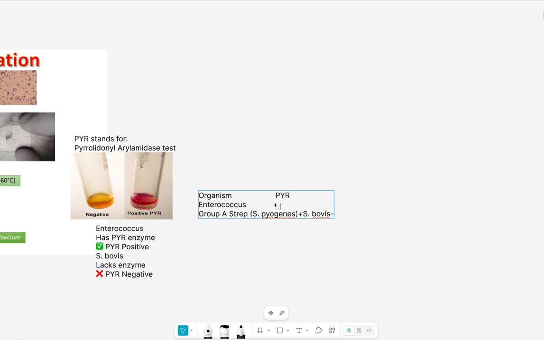And the group A strep, the S. pyogenes, was also PYR positive. Let me just fix this table so you will be able to understand. And the S. bovis is PYR negative, right? Can you appreciate that now? Now the table looks fine.